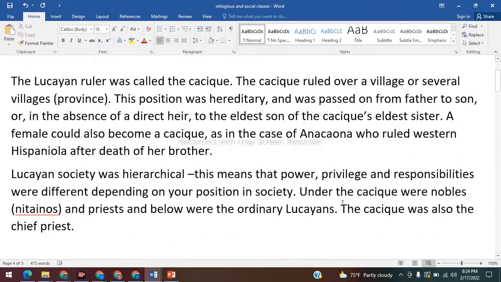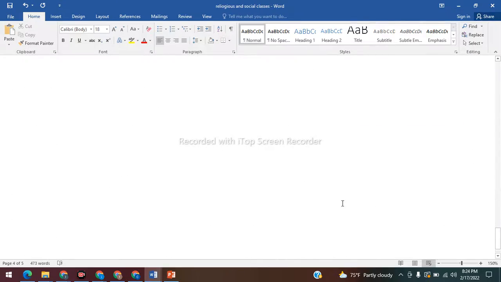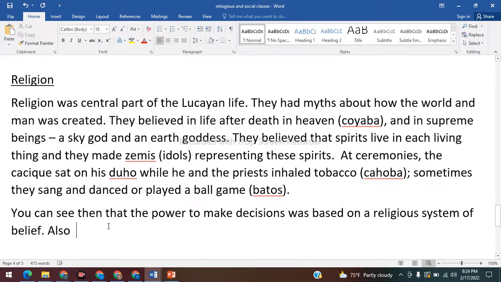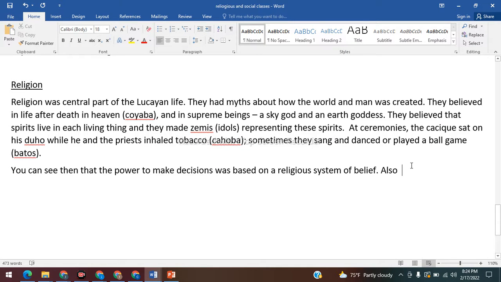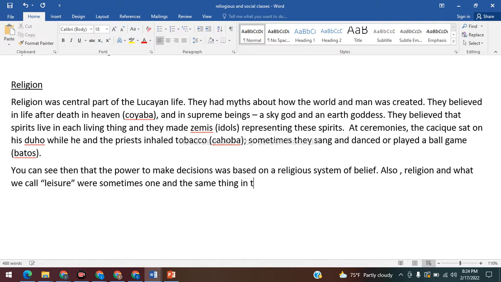Also, religion and what we call leisure were sometimes one and the same thing in the Lucayan society.